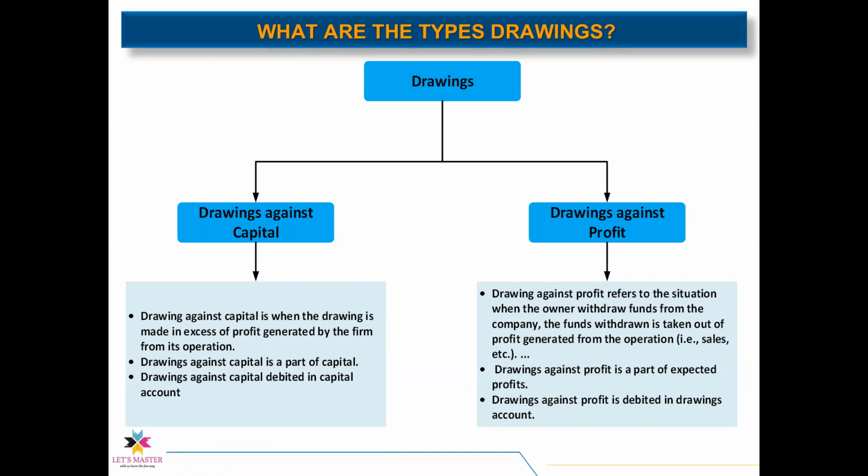And if it is going to earn profit, then what will be the amount of profit? But still, the partners or the owners make drawings against the anticipated profit. Drawings against profit is debited in the drawings account and not in the partners' capital account.